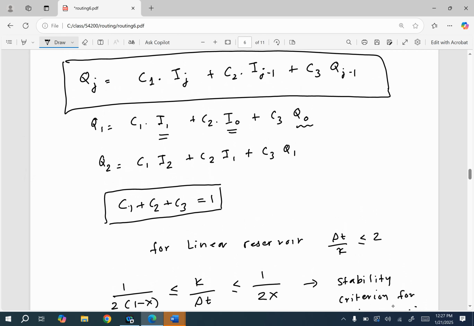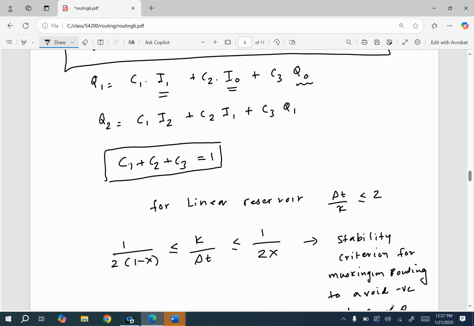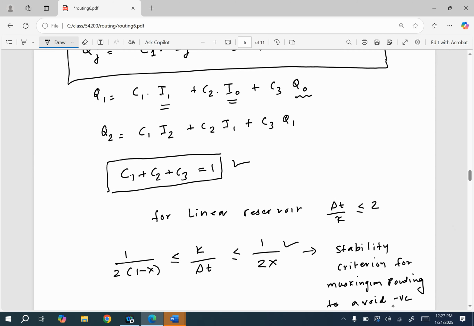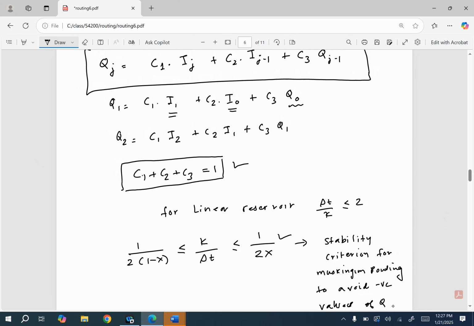And to do this, we need the inflow hydrograph, which is all our I's. From delta t, k and x, we can find C1, C2, C3. Make sure we satisfy this criteria and this criteria, and then we should be good to go. Now, how to apply this expression, we will see in the next video when we do a numerical example.